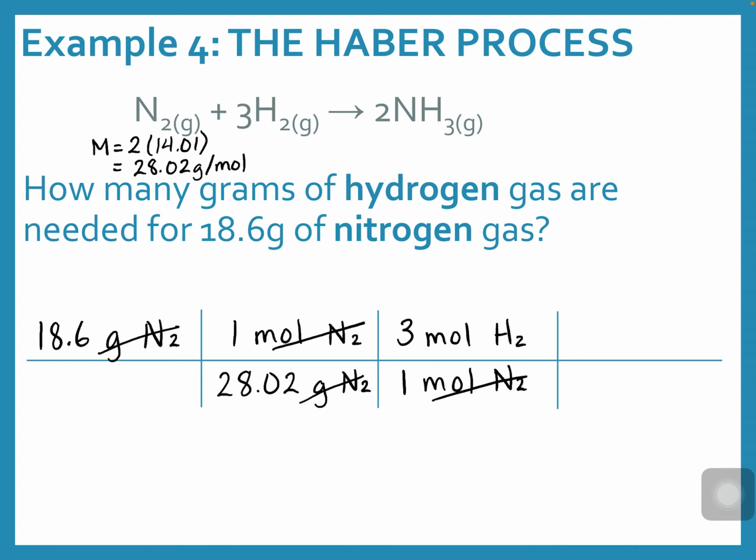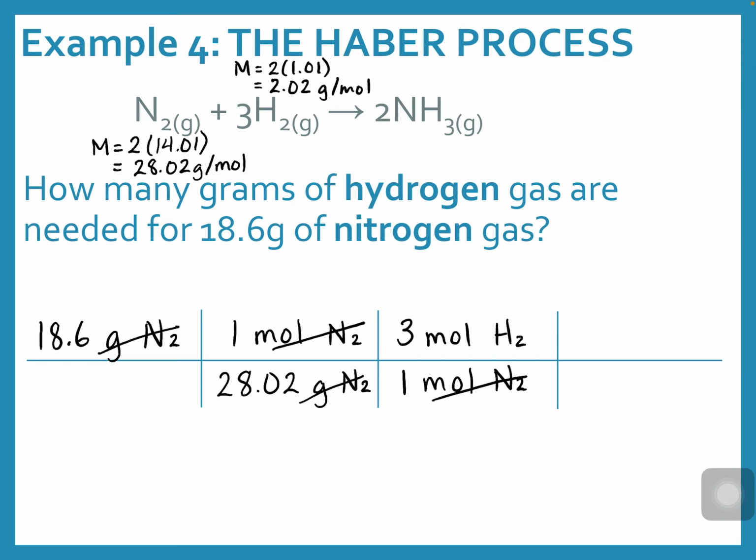So at this point, I have done 2 calculations converting from mass of nitrogen to moles of nitrogen, and now from moles of nitrogen to moles of hydrogen. And then the last thing I need to do is to convert from moles of hydrogen to a mass of hydrogen. So here I'm going to need my molar mass for hydrogen, which is 2 atoms of hydrogen which have an atomic mass of 1.01, which is going to give me 2.02 grams per 1 mole.